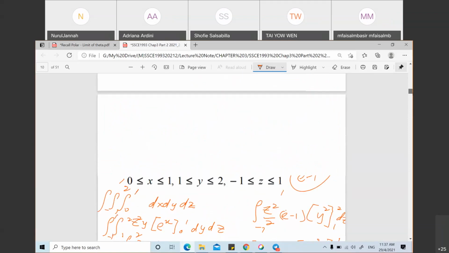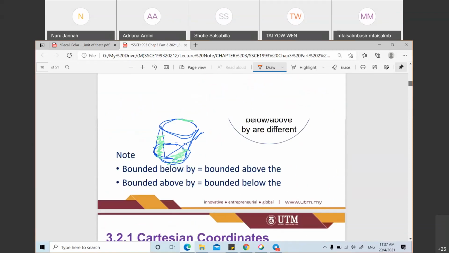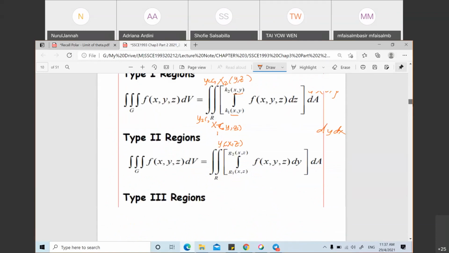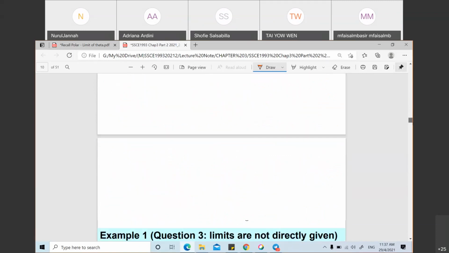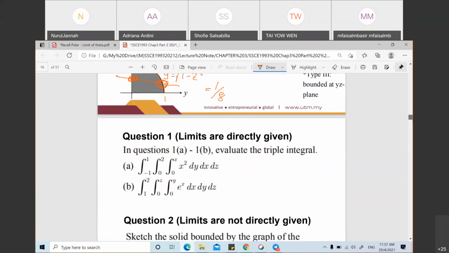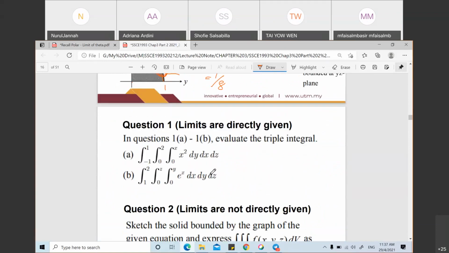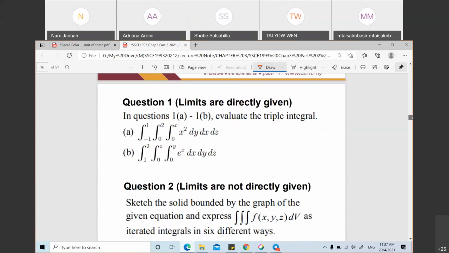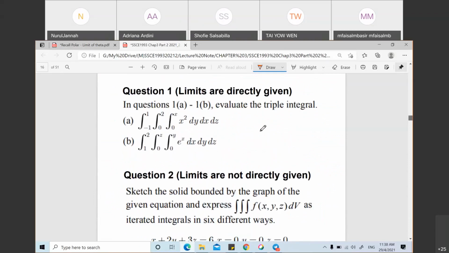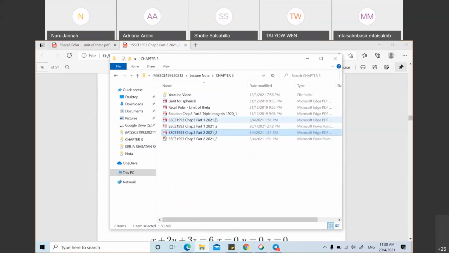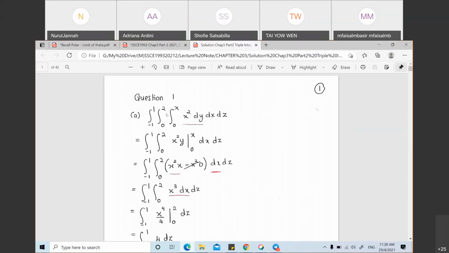Okay. Simple xy, simple xz, or simple yz. Okay, this is easy. You can do directly. Okay, if I have given the solution to you, like this, this question for here.